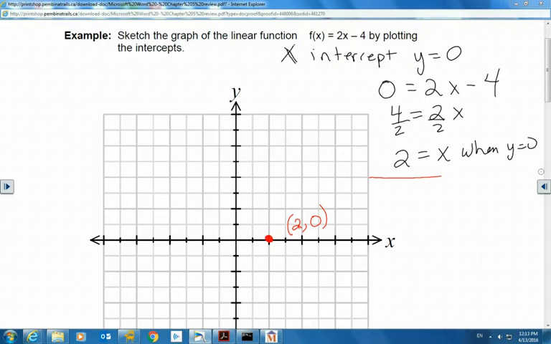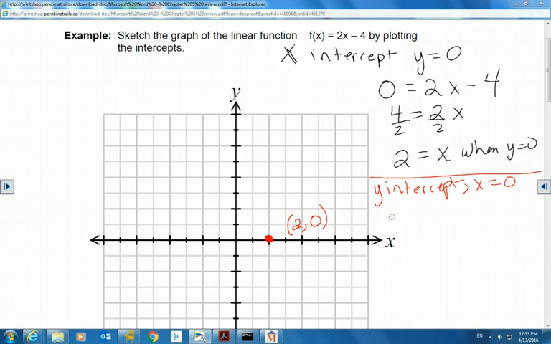Okay, so what can we figure out now? We need to figure out the y-intercept. What do I know about the y-intercept? So this is the vertical. X is equal to 0 all the time over there. So now x is equal to 0.